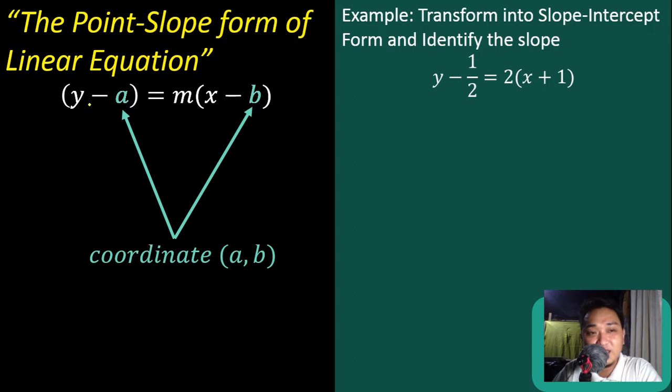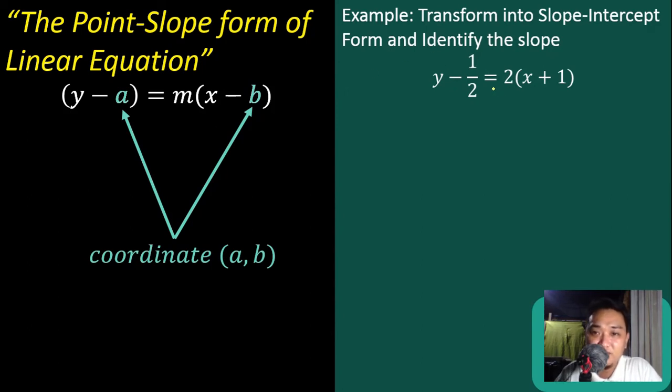So parang ang mangyayari niyan, y minus k equals m times the quantity x minus h, where HK is a specific or particular point along the line of a certain linear equation. Ganun po. Now, for convenience, we can make use of AB naman.